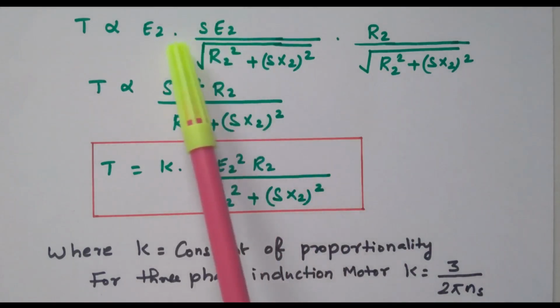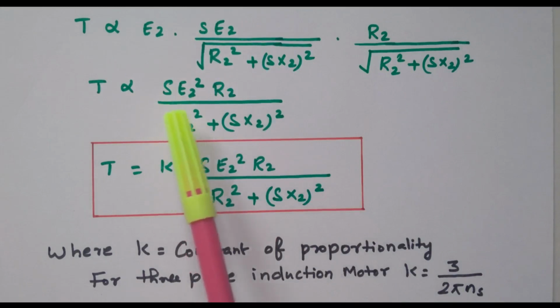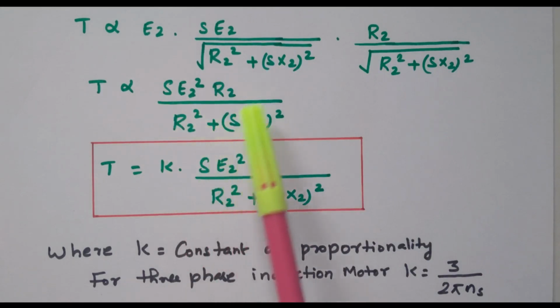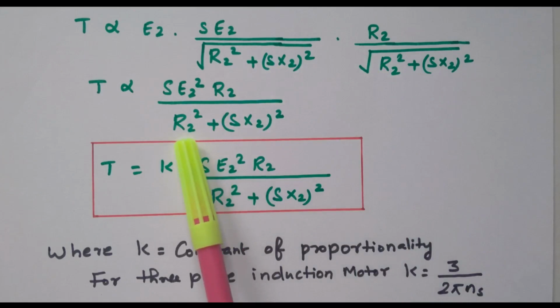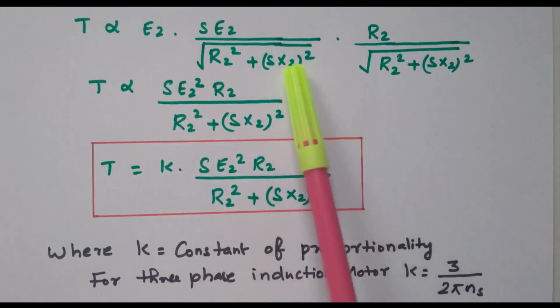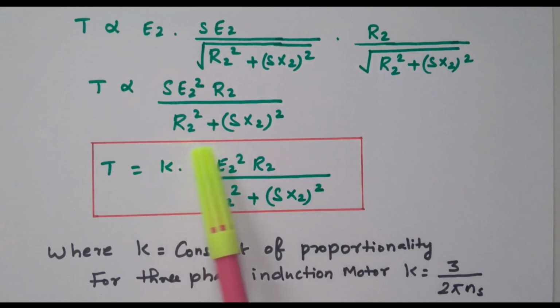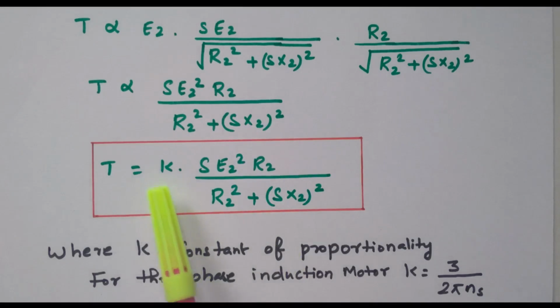E2 is available 2 times, so S into E2 square into R2 divided by R2 square plus (S into X2) square. Introducing the constant K, T equals K into S E2 square R2 divided by R2 square plus (S into X2) square. So we got the equation for the torque.